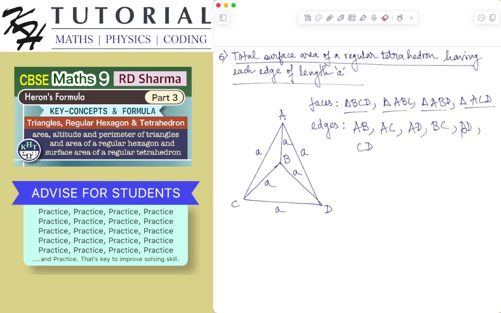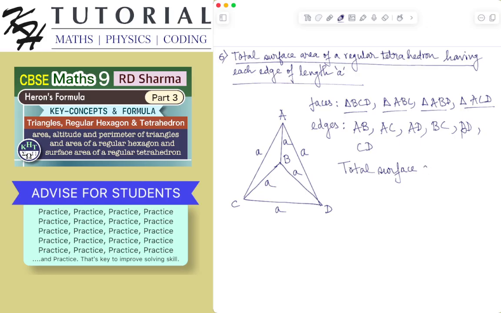Since there are four faces, the total surface area of this regular tetrahedron is nothing but the area of all the faces. You might have already learned in your previous class, or maybe also definitely in this class, surface area and volumes of solids.